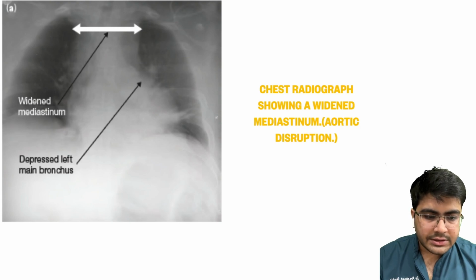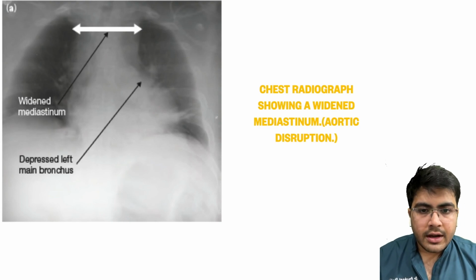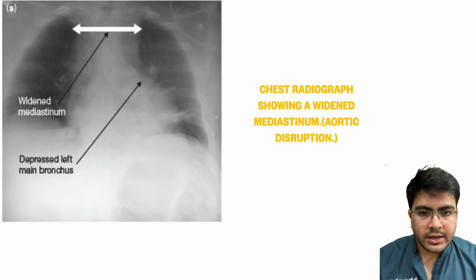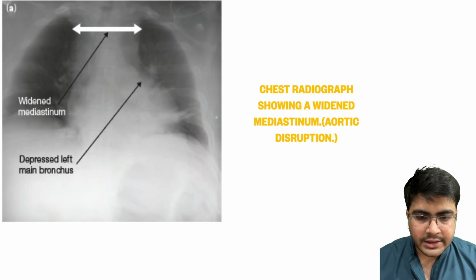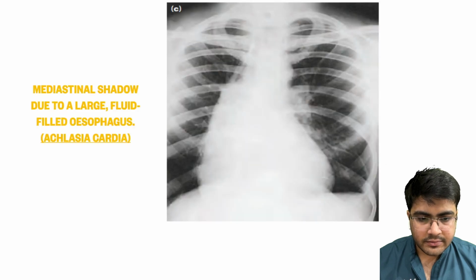These are classical findings of aortic disruption. Though they were initially very popular, with the advent of contrast-enhanced CT we don't see such findings commonly in our practice. We get a CT done straight away if we suspect such grievous injuries.